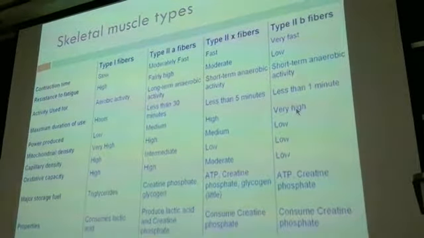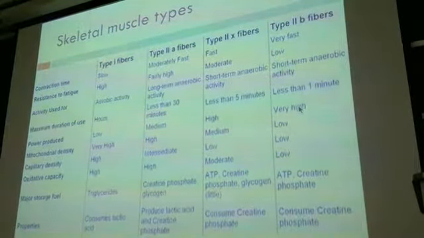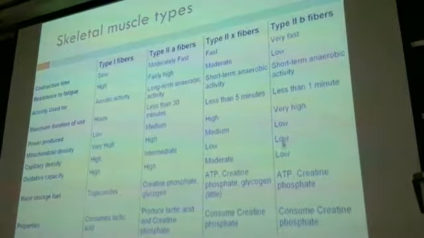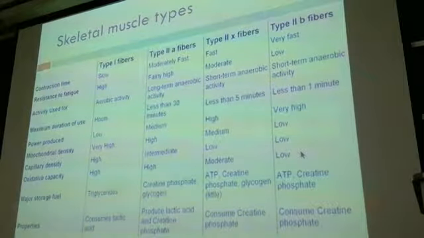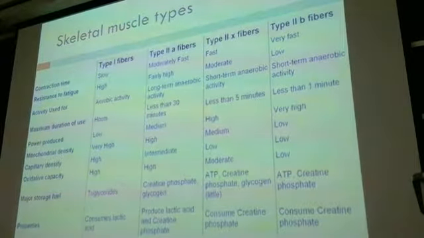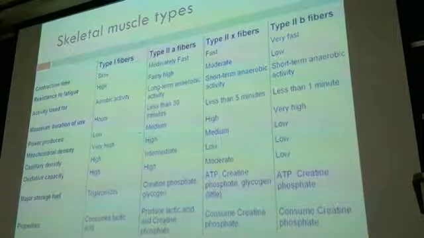They allow you to maintain exercise for much shorter periods of time, but with lots of power. They have low mitochondrial density, low capillary density, less oxygen through the capillaries. And so their major fuel source is not fat, but ATP and creatine phosphate.